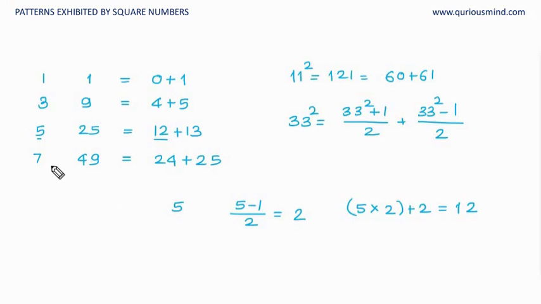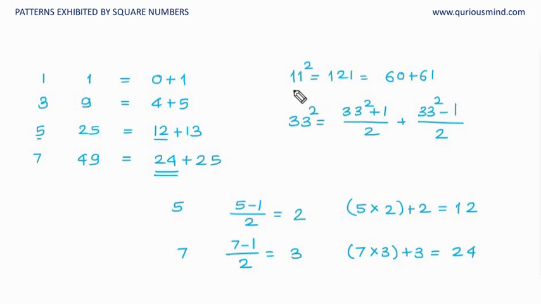Let's see whether it works for this one. So if it is 7, I want 7 minus 1 upon 2. 7 minus 1 is 6, 6 upon 2 is 3. So what I'm going to do is 7 into 3 plus 3. 7 3s are 21. 21 plus 3 is 24. Yes, I get the first number. And once you get the first number, the consecutive number is easy.